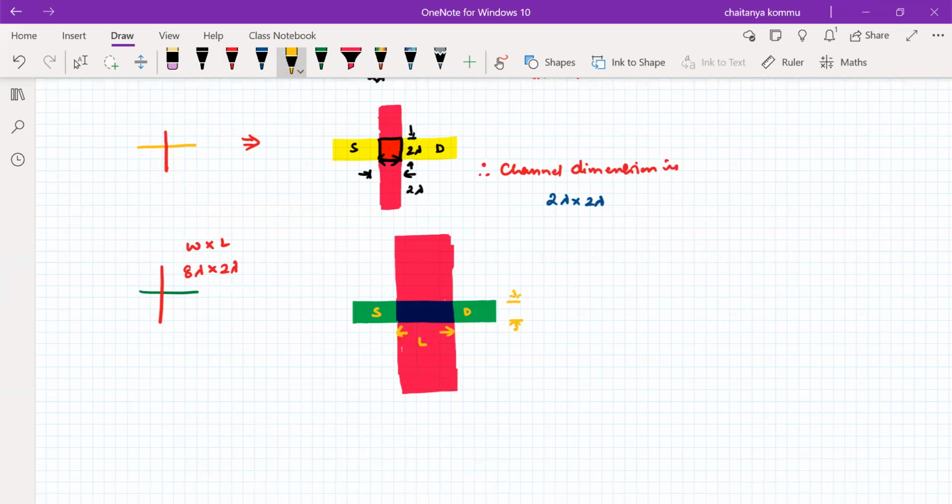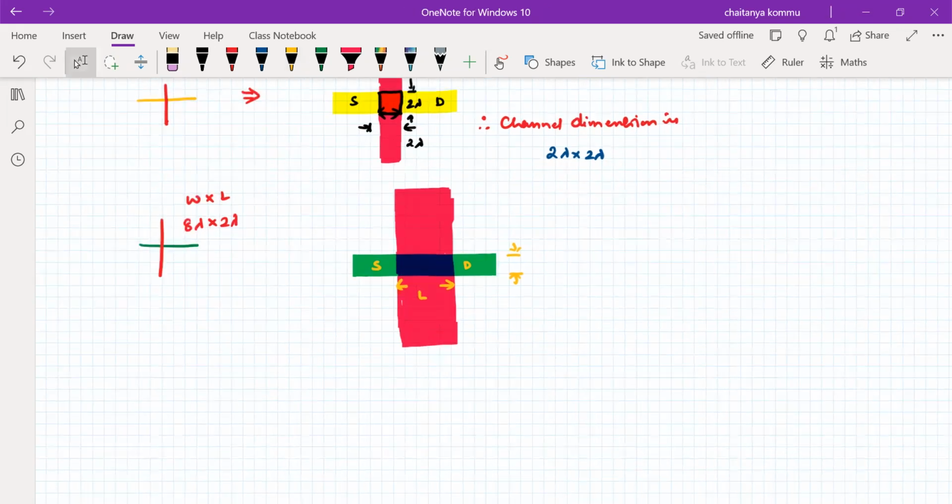So what is the length of the transistor here now? The length of the transistor is 2 lambda only, but the width of the transistor is raised. Right? It is not the right approach.